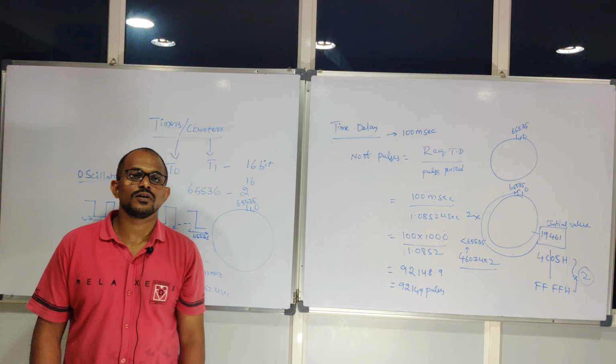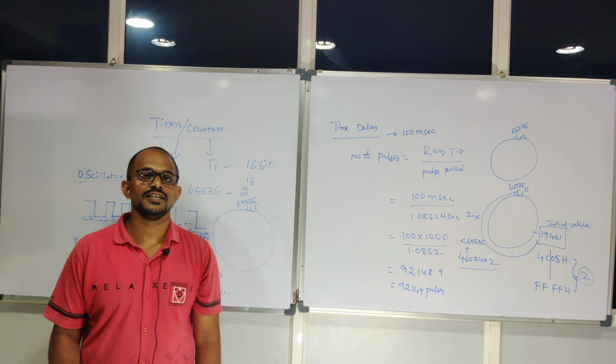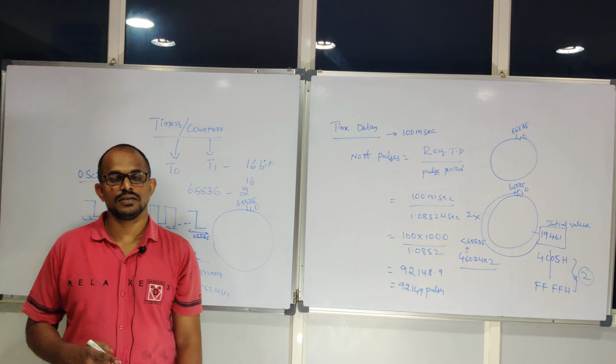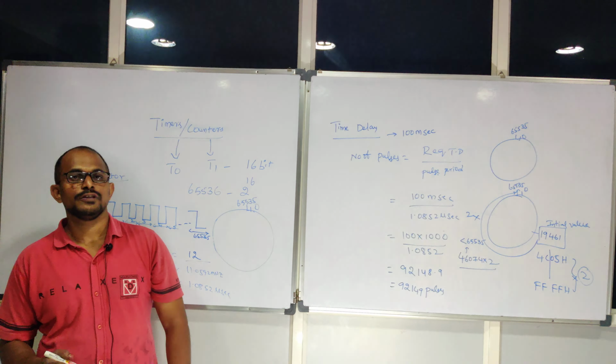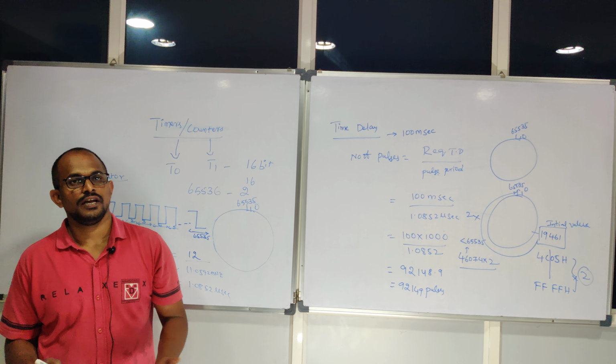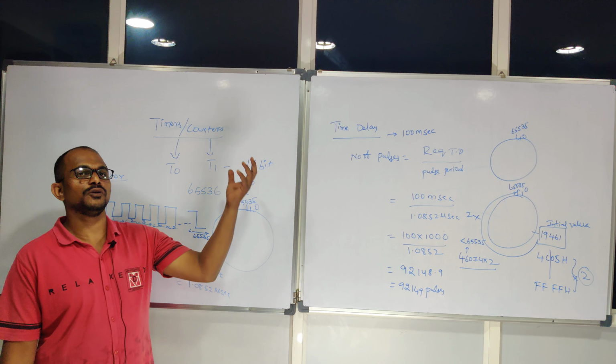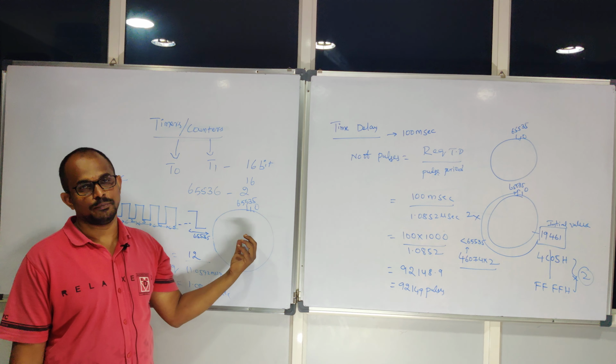It keeps on counting seconds, 1, 2, 3 up to 60. Whenever the seconds count reaches 60, it increments the minutes count, and whenever 60 minutes is over, it increments your hours value. The same procedure you need to apply here for your timers.